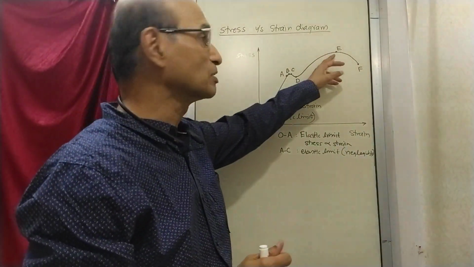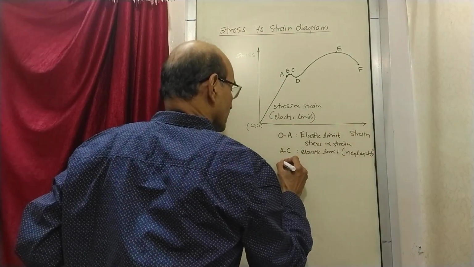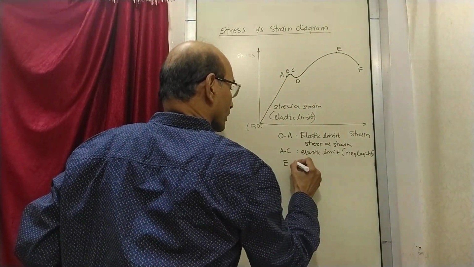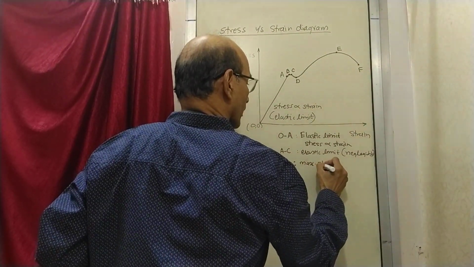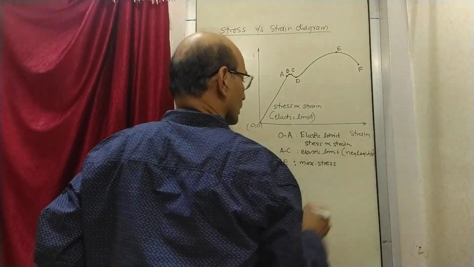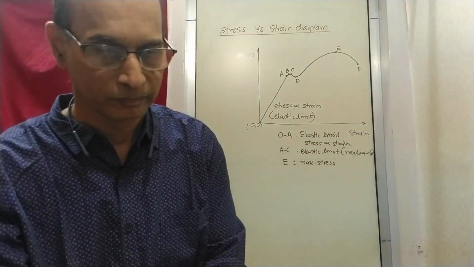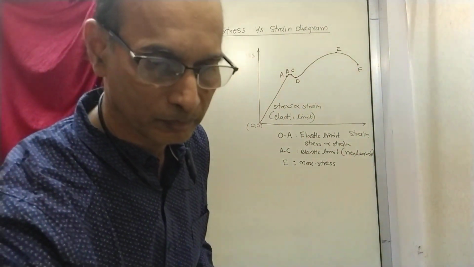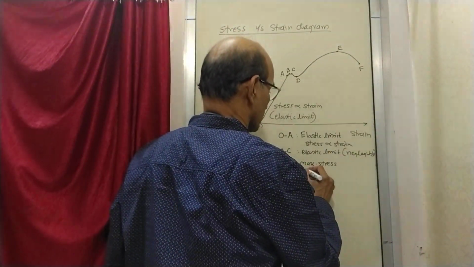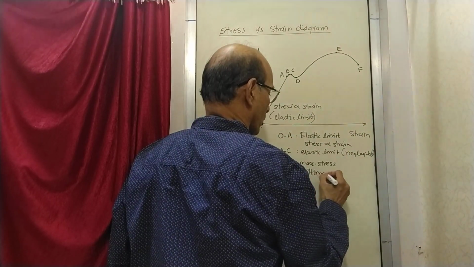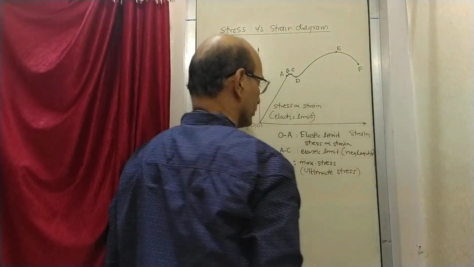And when the curvature starts, what is happening at E? At E, this is the maximum stress. The maximum stress that can be applied is also called the ultimate stress.